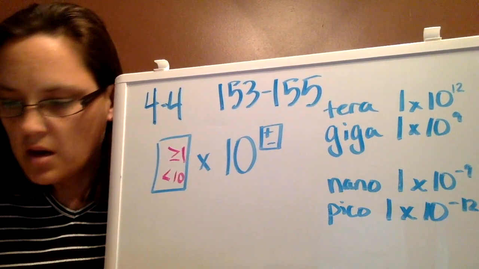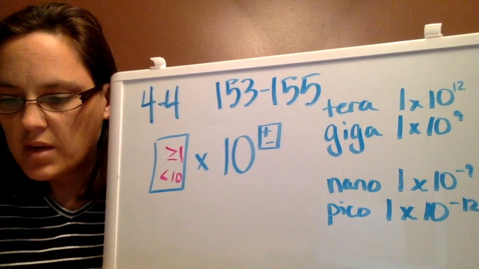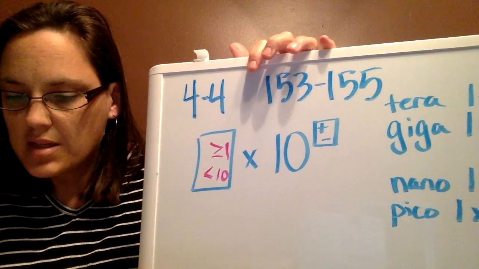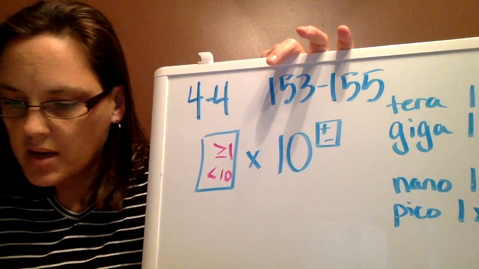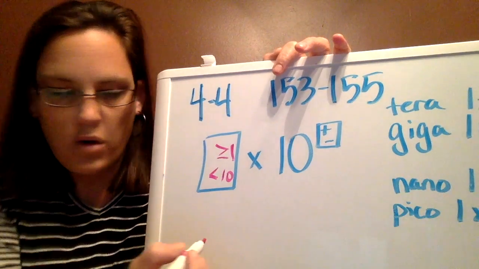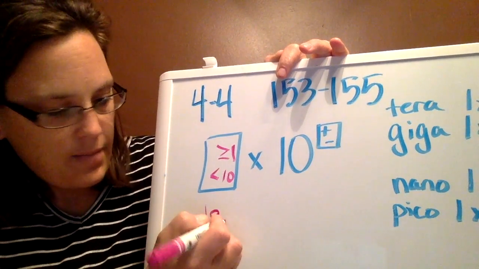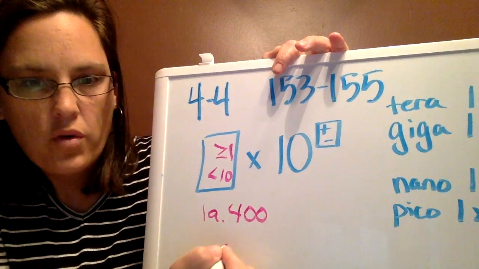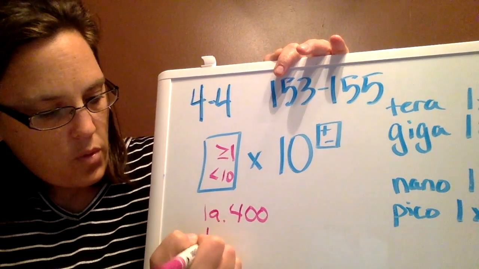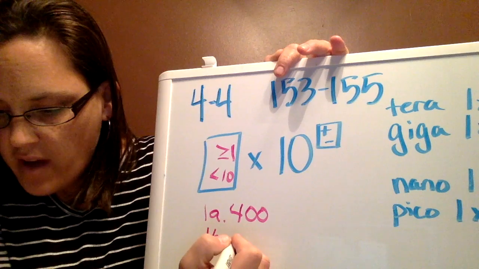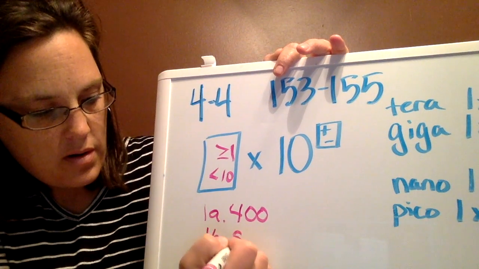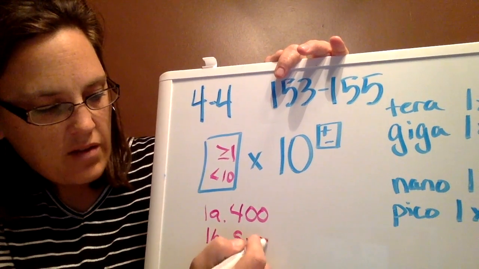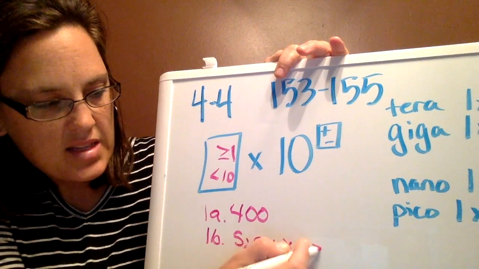So we'll get started on page 153. At the bottom there, example 1 says to express the number in standard form. For 1a, it's 4 times 10 to the second power, so that's just 400. And for 1b, that is 5.94 times 10 to the 7th.